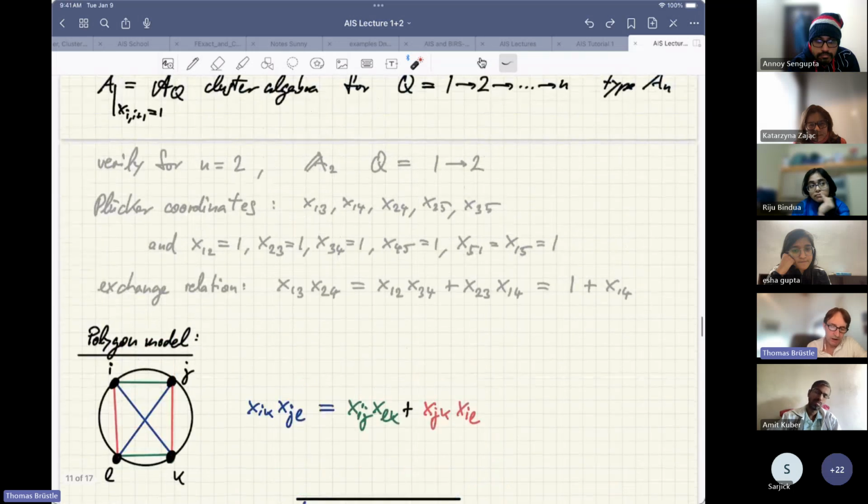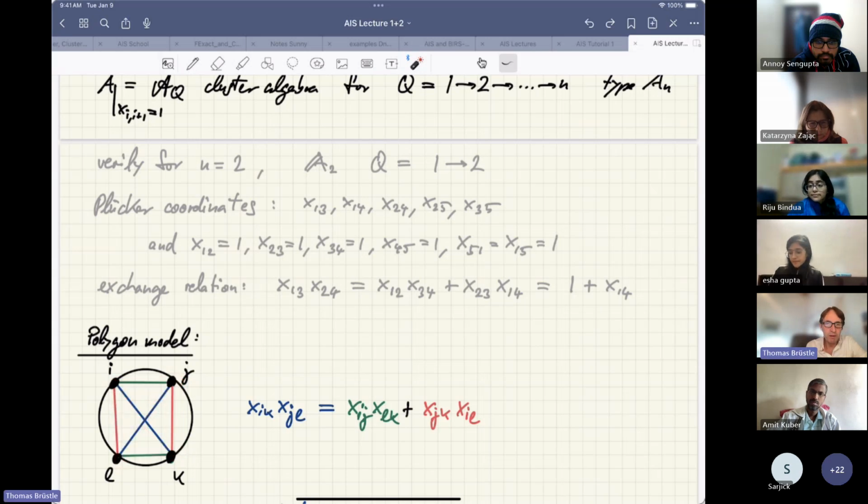What is the Plücker relation saying? The Plücker relation is the following. When I take the product of the two variables which correspond to the diagonals, I mean, variables are given by ordered pairs of vertices. So every variable is given by a diagonal in that polygon, right?